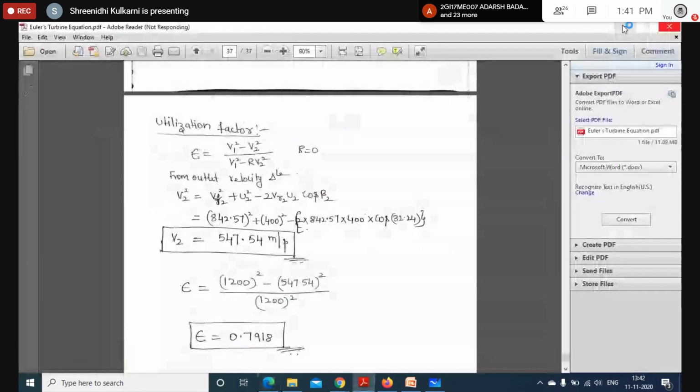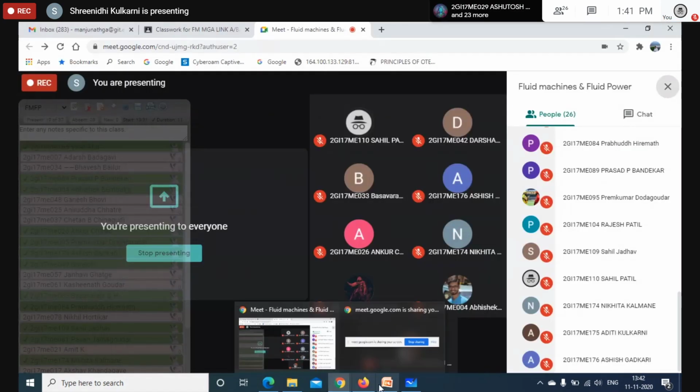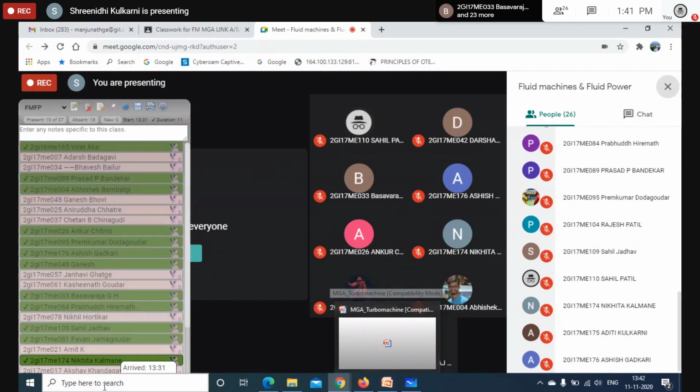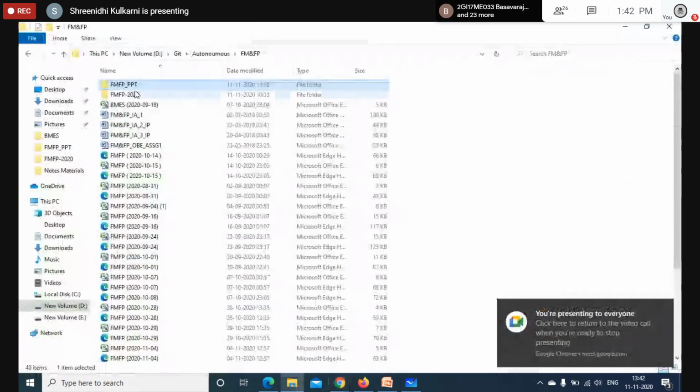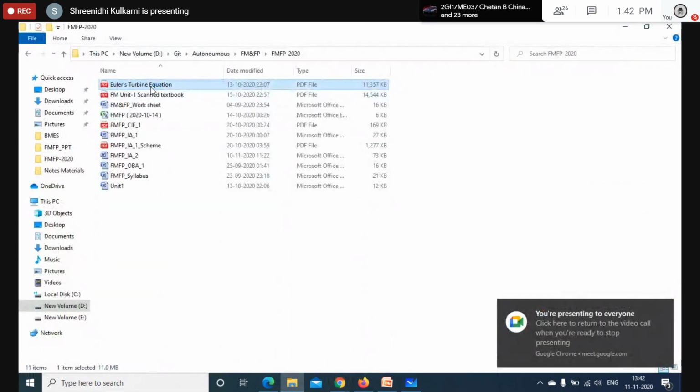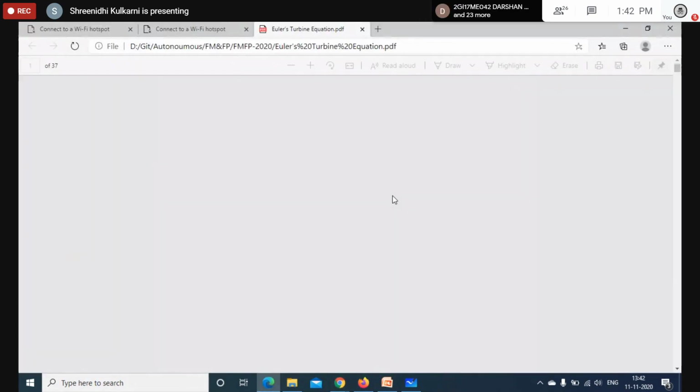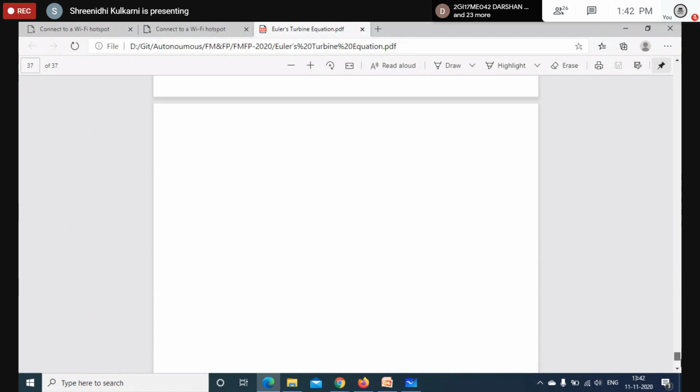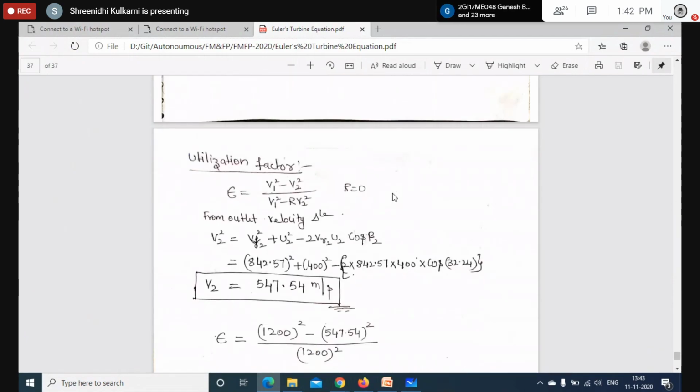So here I'm going to use epsilon equals V1 square minus V2 square by V1 square minus R into V2 square.